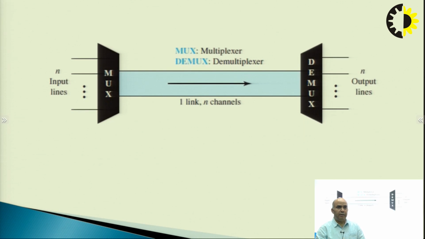This is a pictorial representation in which we have n input lines, meaning there are n users, or n nodes, which are transmitting data over a single channel, that is one link. It uses the multiplexer and demultiplexer.